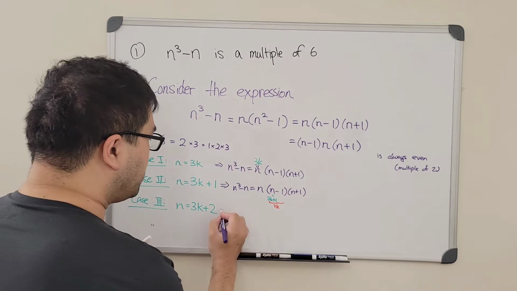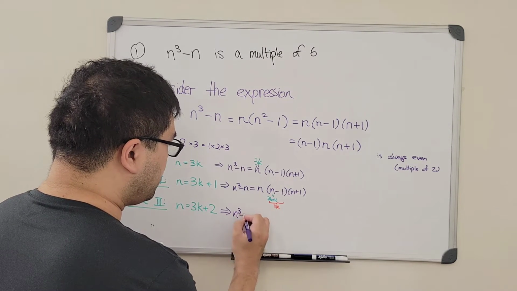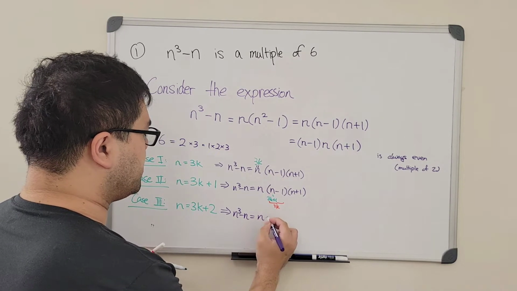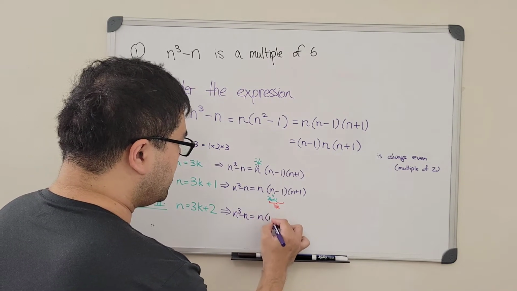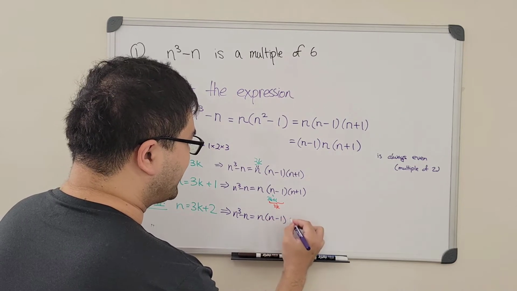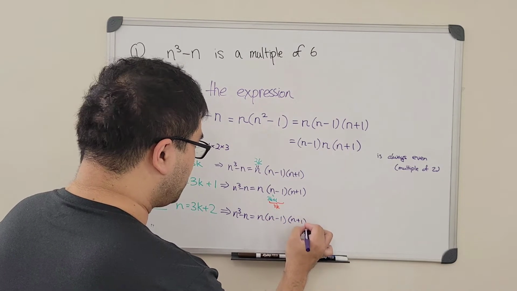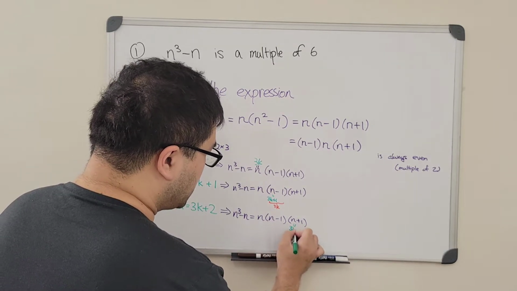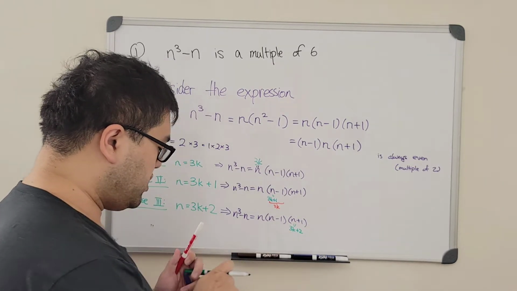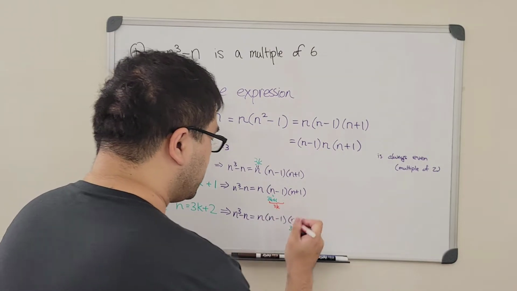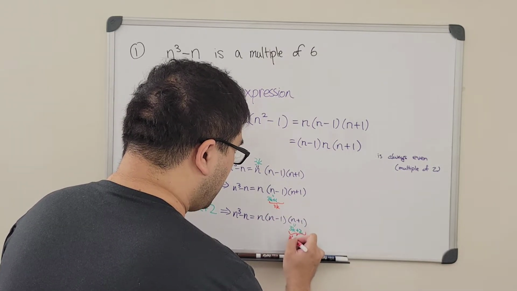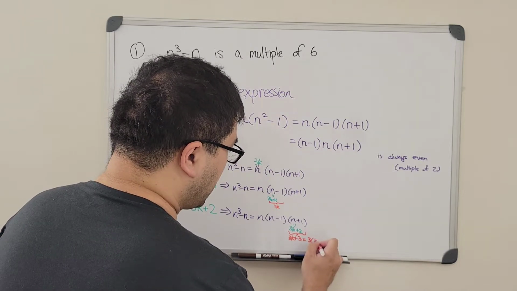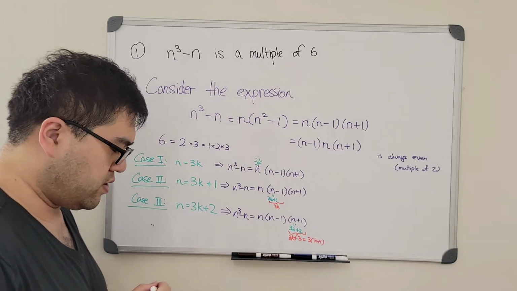Great. And finally, with a similar argument, we can show that when n is equal to 3k plus 2, the expression n cubed minus n is also a multiple of 3. As we substitute into the last term, we get 3k plus 2 plus 1, which gives us 3k plus 3, and we can factor out the 3 and get 3 times the quantity k plus 1.